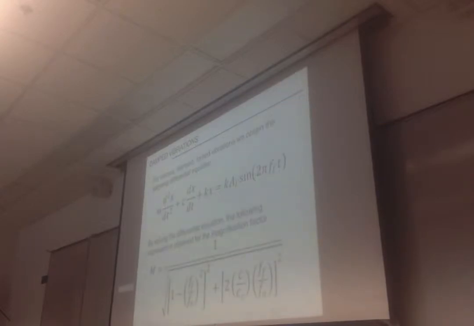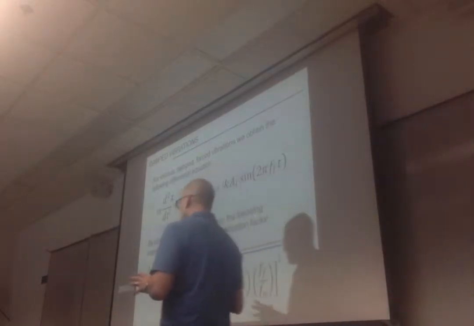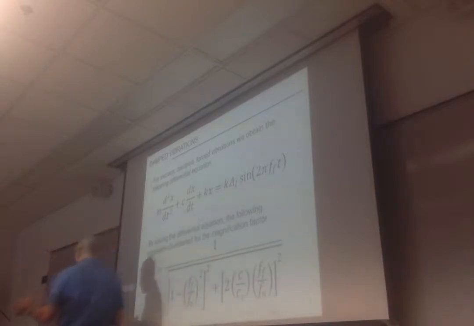Now we went for forced vibration, and I don't know if you remember, but when we looked at undamped forced vibration and we looked at the input of the system and the output we were getting by the solution, we actually derived the equation for the magnification factor that links again that input and output.